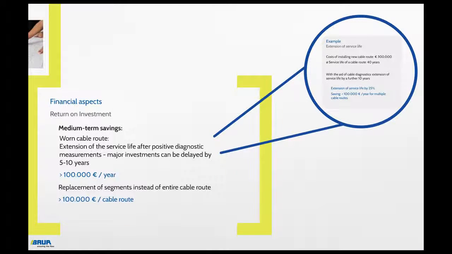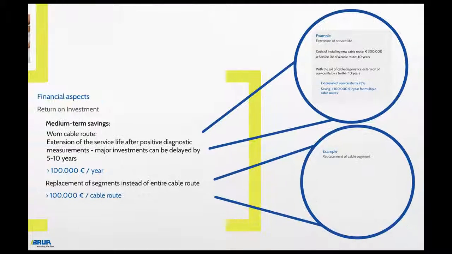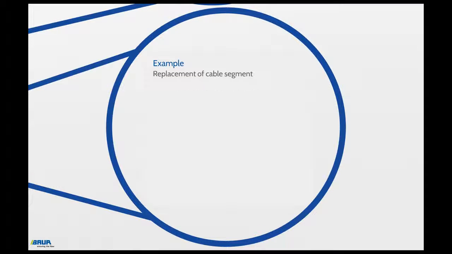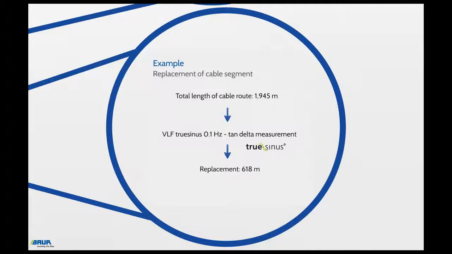Furthermore, sections of the cable route can be replaced instead of replacing the entire route. This has proved its value several times. For example, for a user of Bauer VLF True Sinus technology. Instead of replacing the entire cable with a length of nearly 2,000 meters, it was possible to replace a section of just 618 meters, thereby saving nearly 132,000 euros.